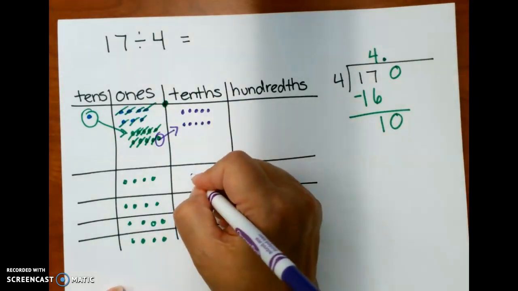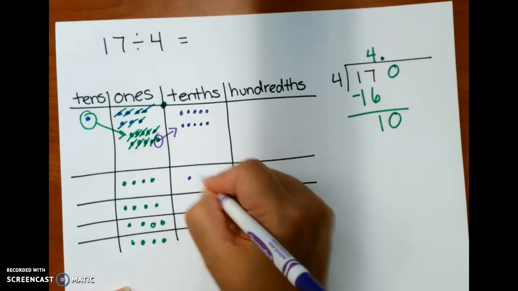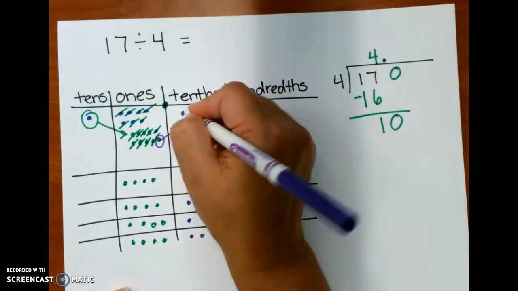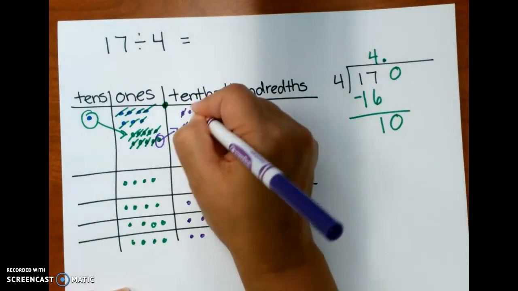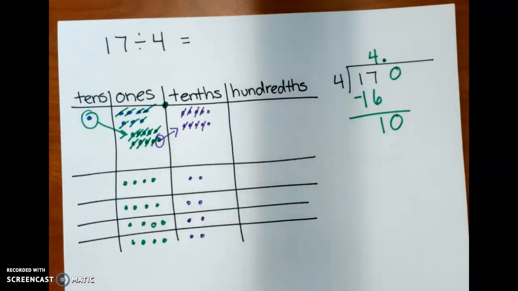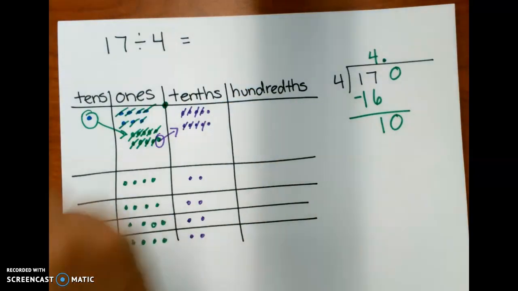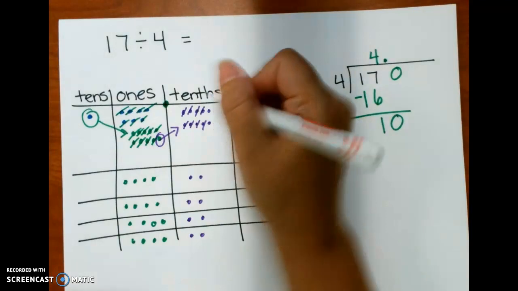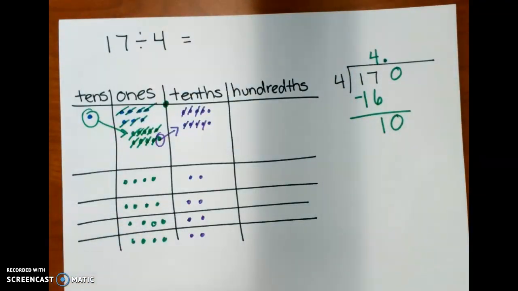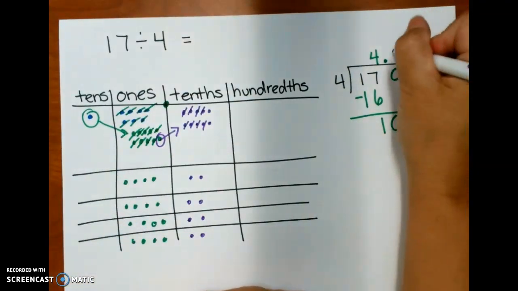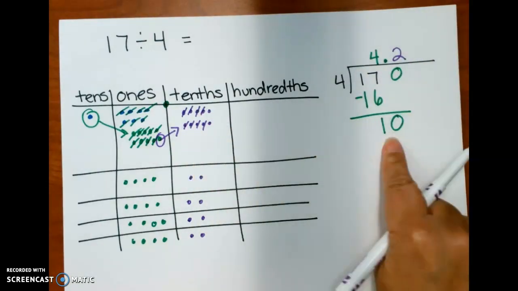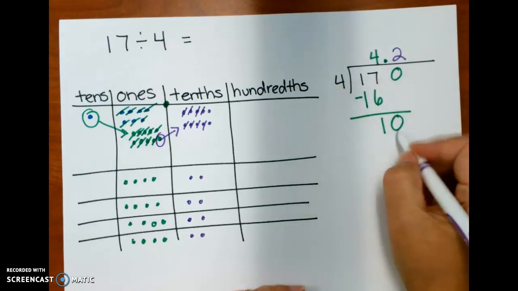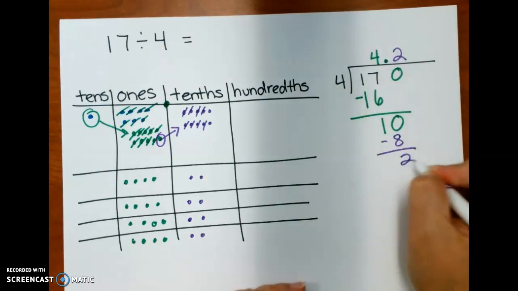And if I put 10 into 4 groups, I have 2 in each group, and I'm going to have, again, some left over. So I have 1, 2, 1, 2, 1, 2, 1, 2. There's my 4 groups. How many do I have left over? I have 2 left over. So before I do that, though, when I divided my 10 tenths, I put 2 in each group. 2 times 4 is 8, and when I subtract, I have 2 left.